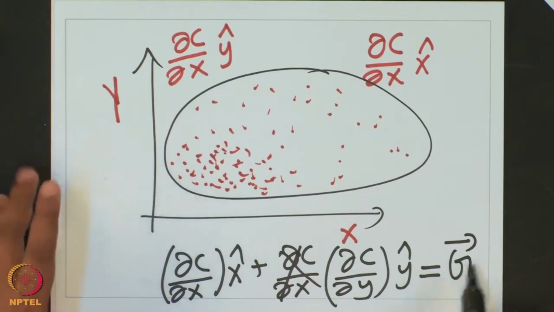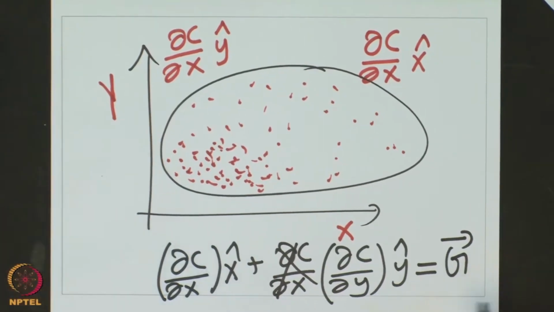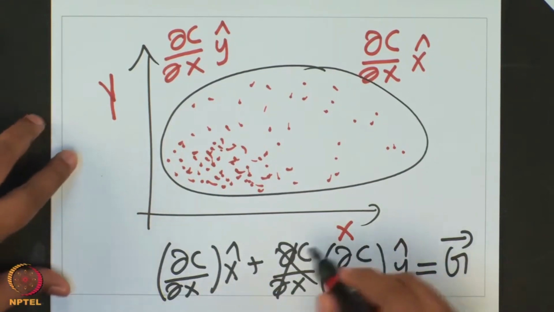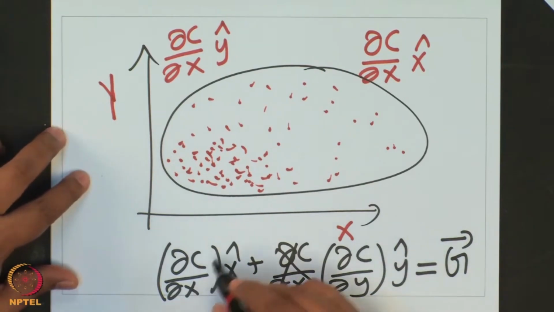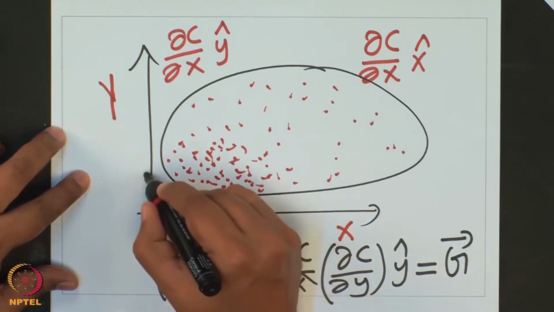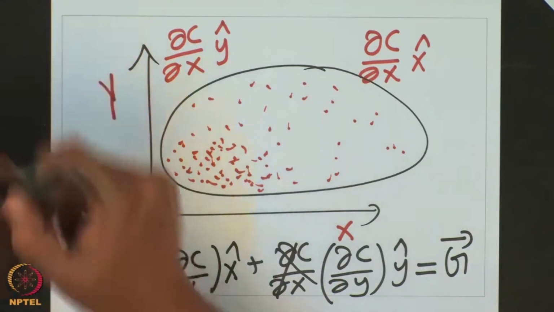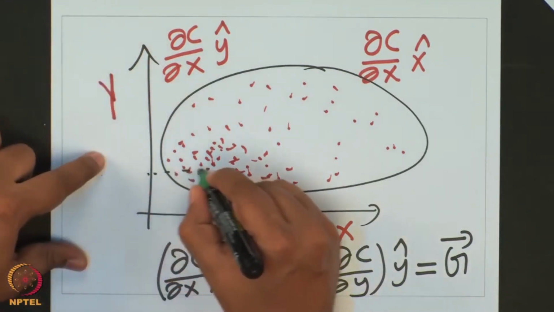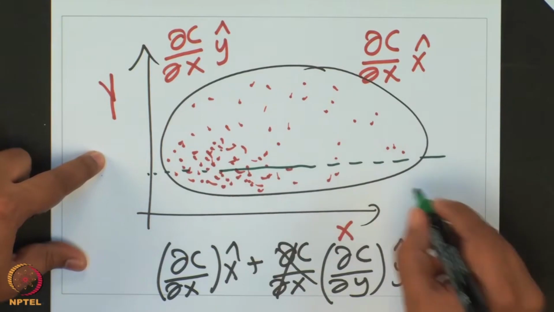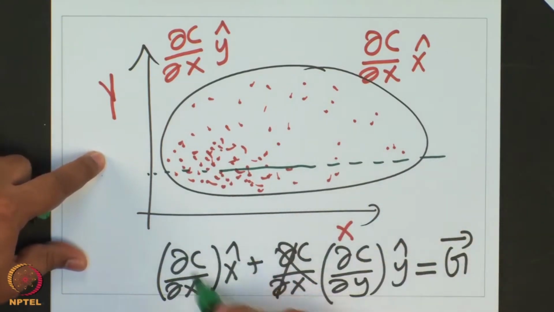So the gradient vector G can be written as some derivative. This would give us a number times x cap plus some other number times y cap, and this is the change along the x-axis and change along the y-axis. For any given y value, I study the change along x, keeping y constant.